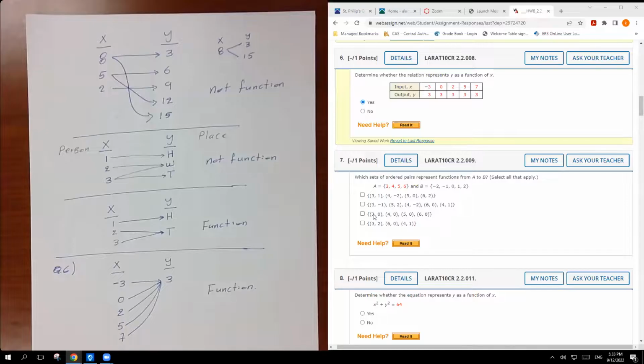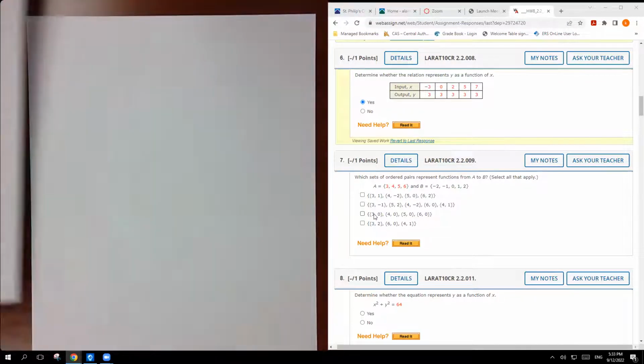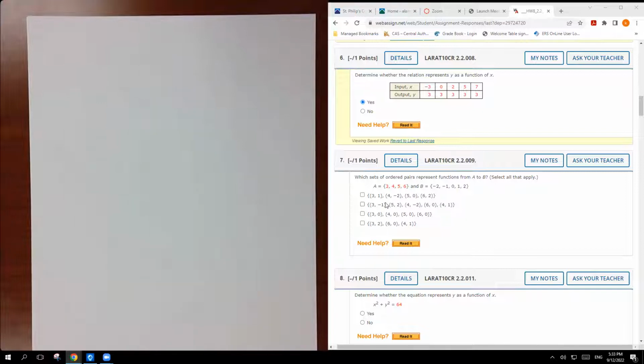Example 7. Let's check. They say which sets of ordered pairs represent a function from A to B. So now we have to find which one of the ordered pairs represents a function. We have to check. Like if you look here, 3 goes to 1.